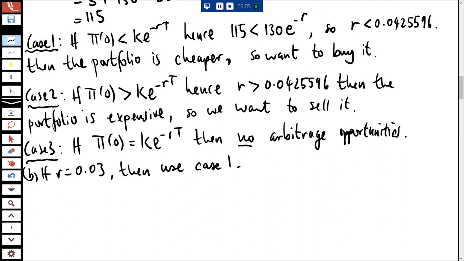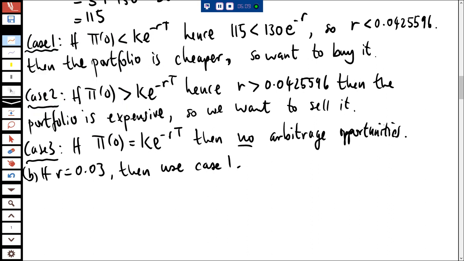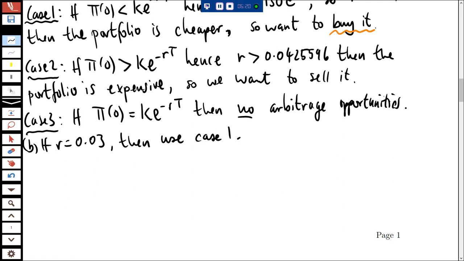So in case 1, we said, let's take a look, if this is true, which it is, the portfolio is cheap, and so we want to buy it. Okay, so we want to buy the portfolio. So we borrow some money, 115. That's the cost of the portfolio. And we purchase it.